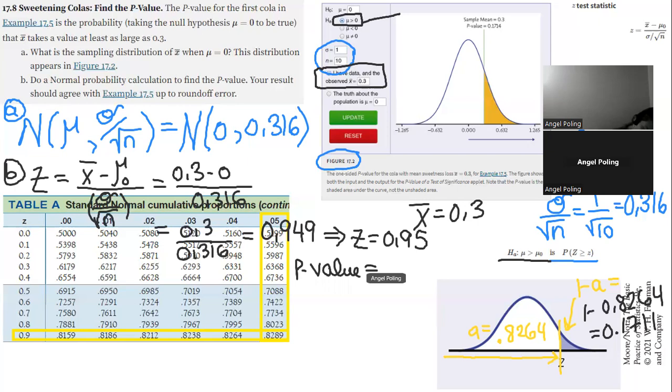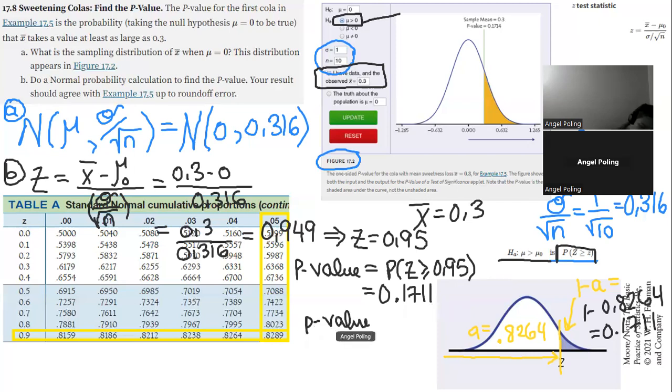Now, the p-value is, according to this, the probability that we would get a z-score more extreme than our z-score. We found that to be 0.1711. So our p-value is 0.1711.